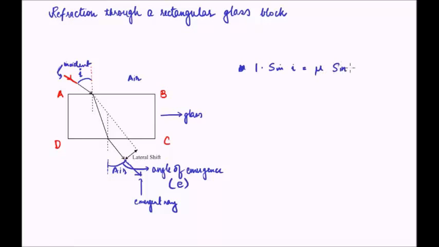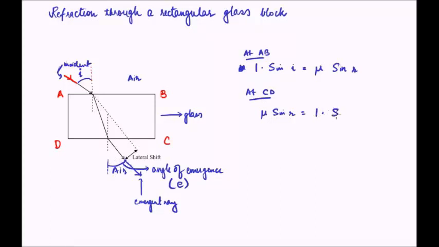So by Snell's law, let's assume the refractive index of air is 1, then we can say 1 times sine i is equal to mu, let's represent mu g as the refractive index of glass, mu times sine r. This is equation 1, at surface AB.